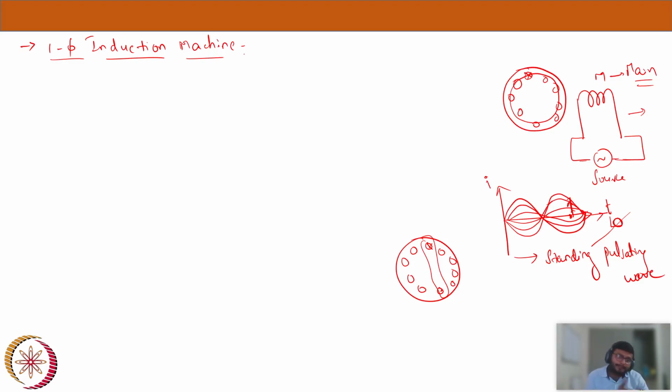Similarly, if you take any other coil in this rotor, it is being subjected to a time varying flux. So it will just behave as a transformer whose secondary is short circuited. It will react to the time varying field, voltage will be induced on it, and current will flow.